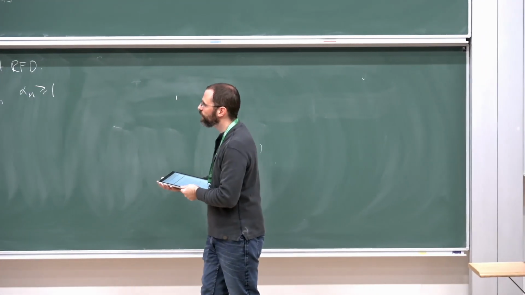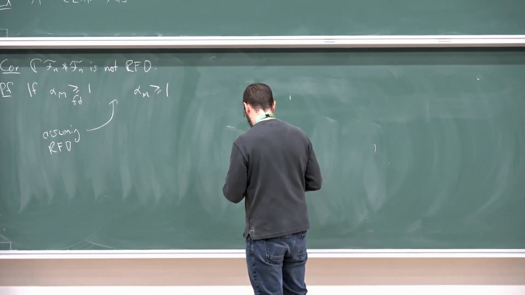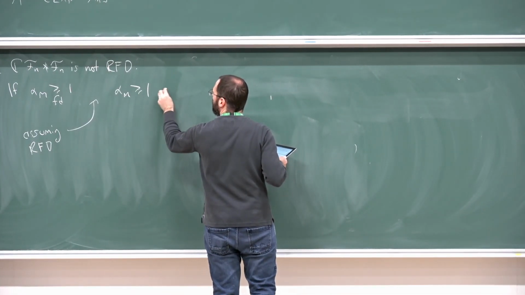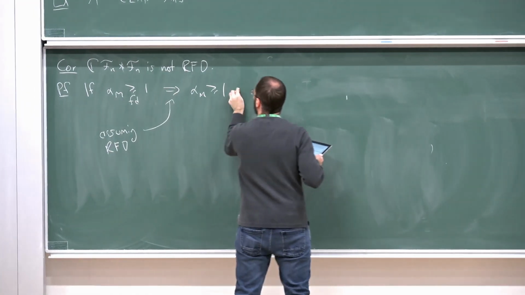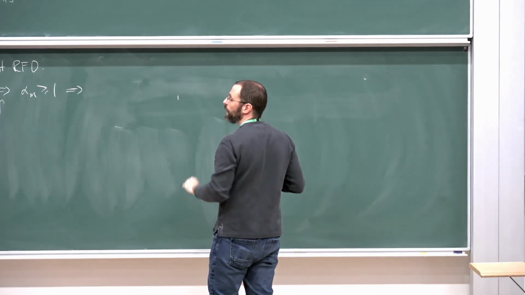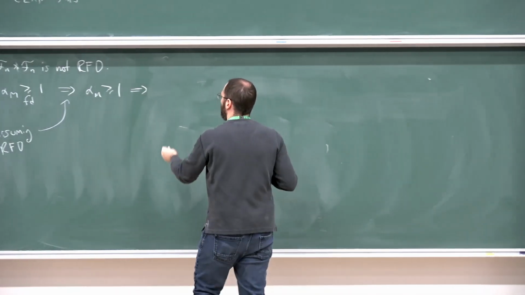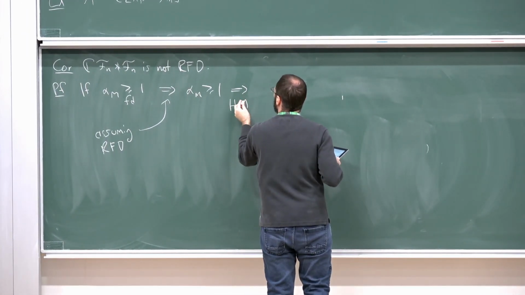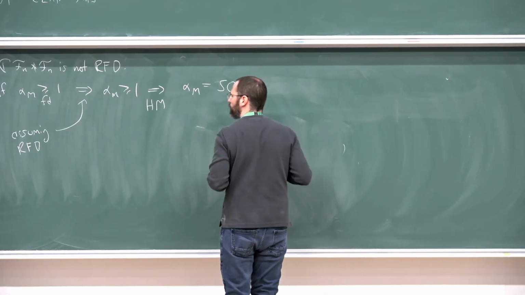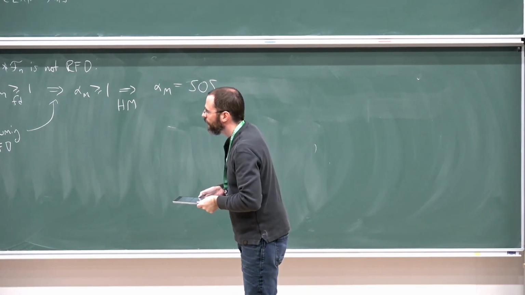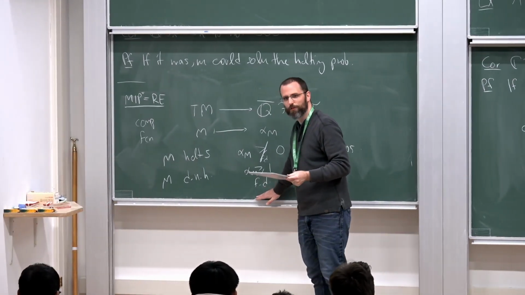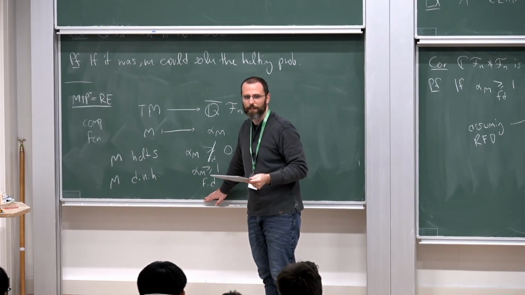And that would tell us, by this Helton-McCullough positive Positivstellensatz that I wrote up there, that alpha M is equal to a sum of squares. Okay, so once again, we would have a way of certifying that we're in the does not halt case.